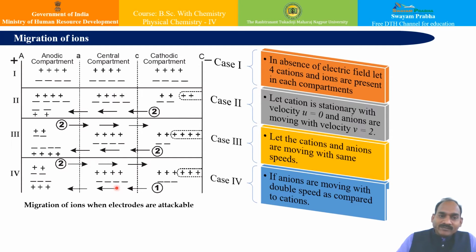And finally, we can conclude that the fall in concentration around the cathode is always equal to the increase in concentration around the anode. You can see this in each of these cases, isn't it? So we can find that the increase in the anodic compartment is because of the decrease in concentration in the cathodic compartment.